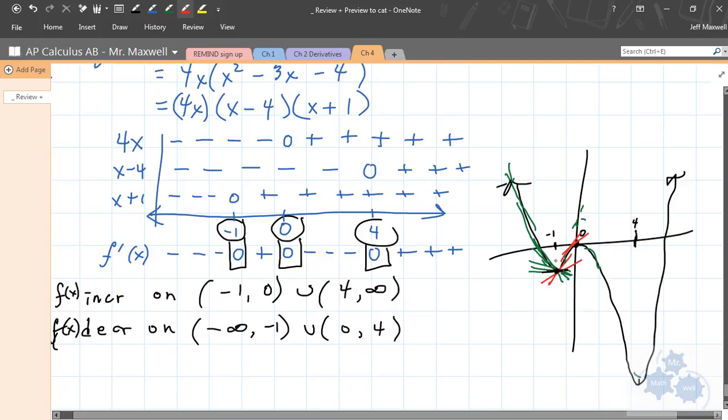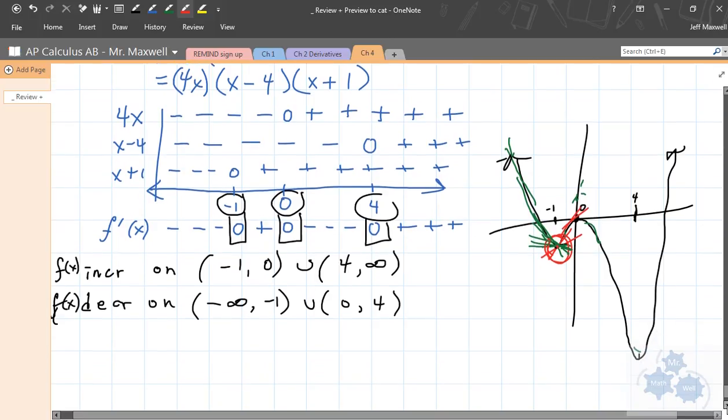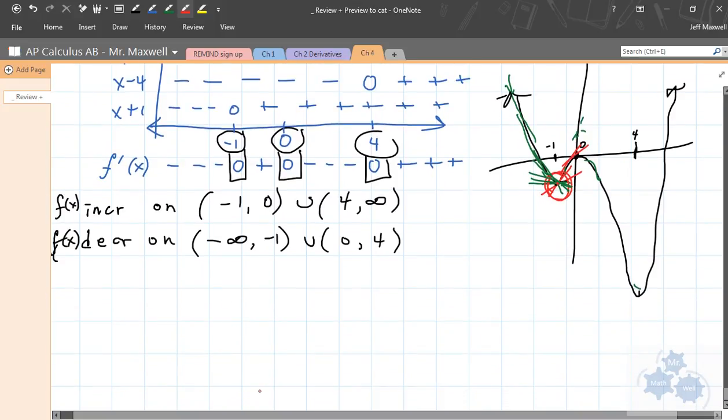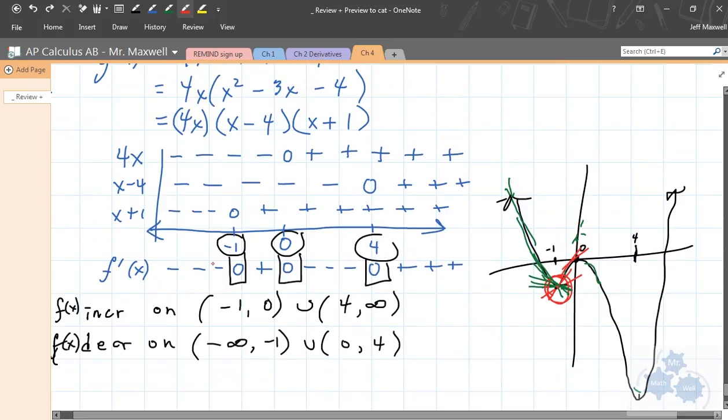What is this again? It's a local minimum, okay? Because as we look at the graph right around that, if this is the blow up of that graph, it's a local minimum.